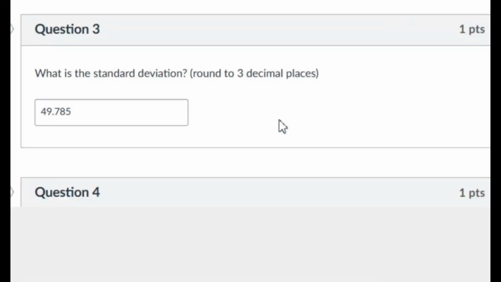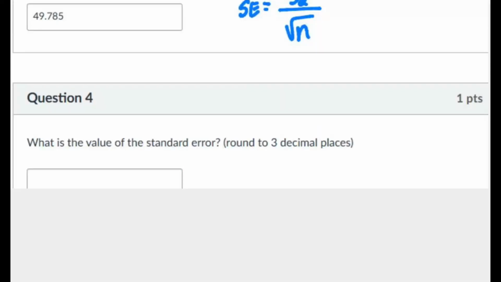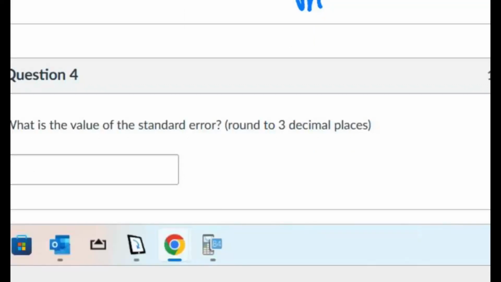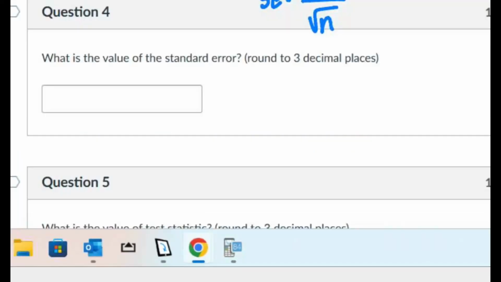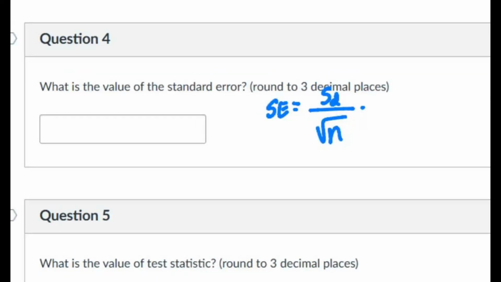Standard error, if we remember, I'll write this on the screen. So standard error is the standard deviation divided by the square root of sample size. The standard deviation we found to be 49.785. Can y'all read that?